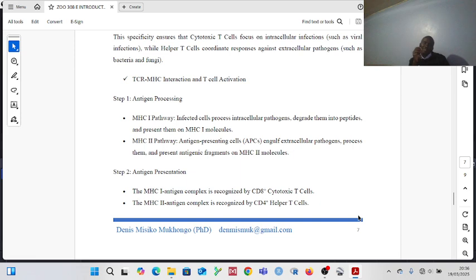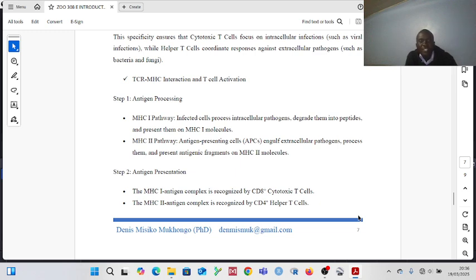So let's have a look at how the T cell receptors and the MHC interact, and how that leads to the activation of T cells. So the first step in this process is the processing of antigens.